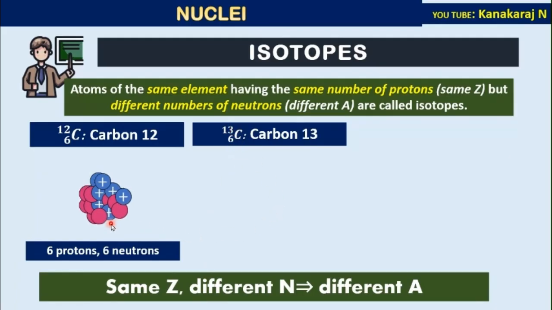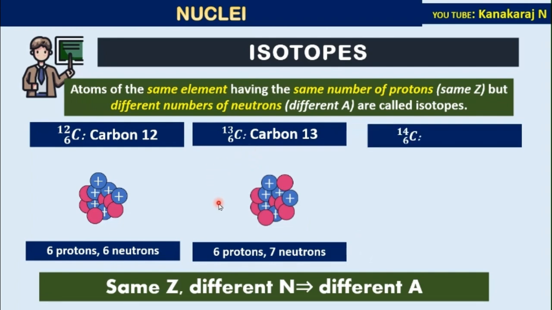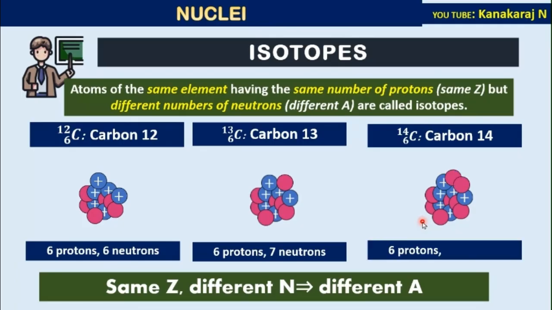Here we take carbon 12 nucleus, in that one neutron is added. So we get 6 protons and 7 neutrons. This is carbon 13. Next we have carbon 6, 14. Here we add 2 neutrons to carbon 12. Therefore we get 6 protons and 8 neutrons. This is the third isotope of carbon.